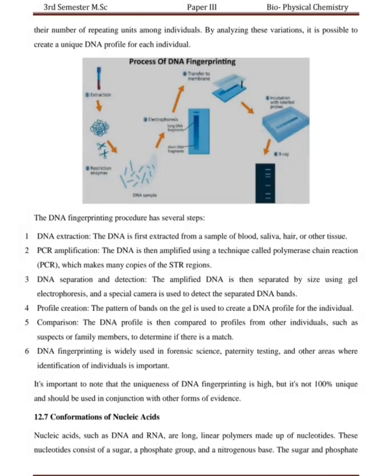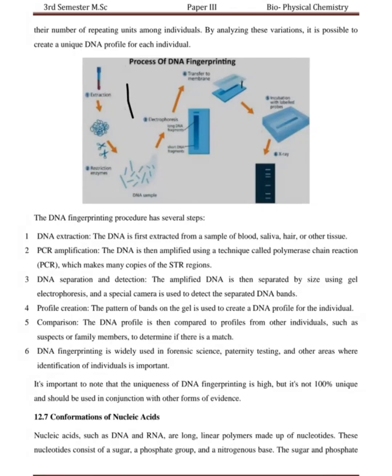The process of DNA fingerprinting is seen here: first extraction. DNA is extracted from blood or saliva or hair or other tissues. The DNA is extracted, then sequencing is done, then the DNA is separated.